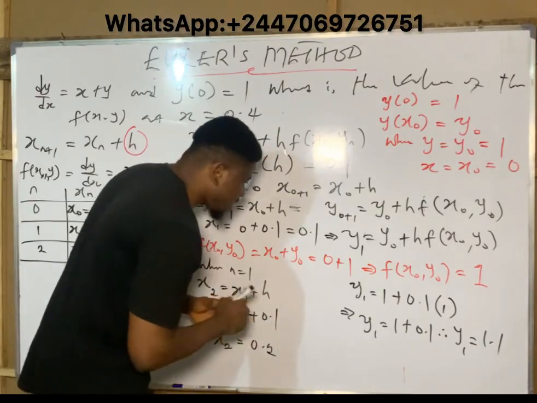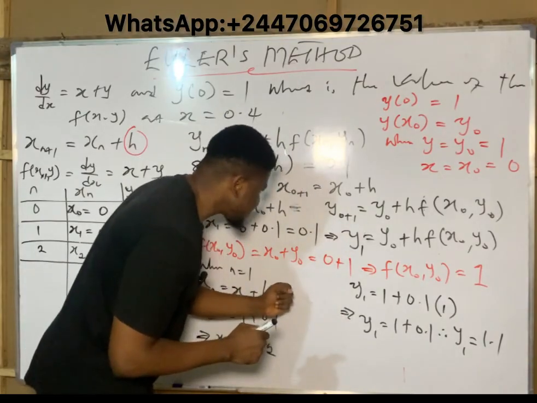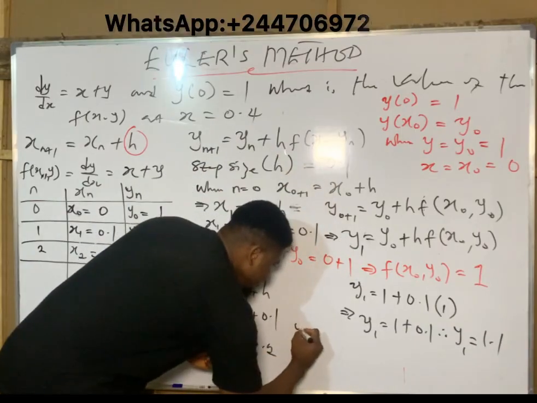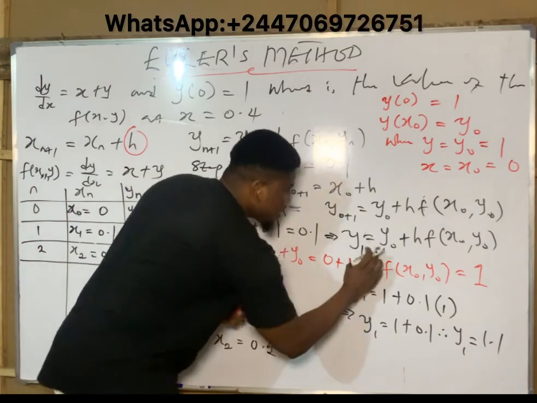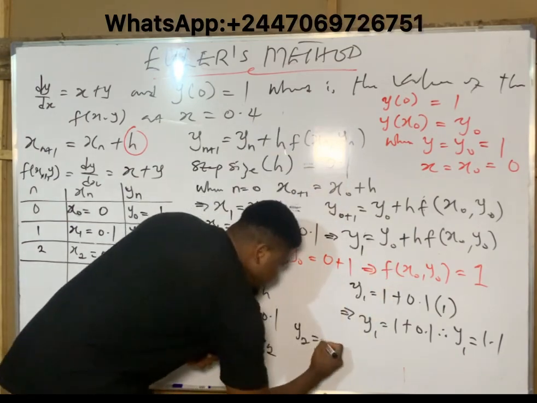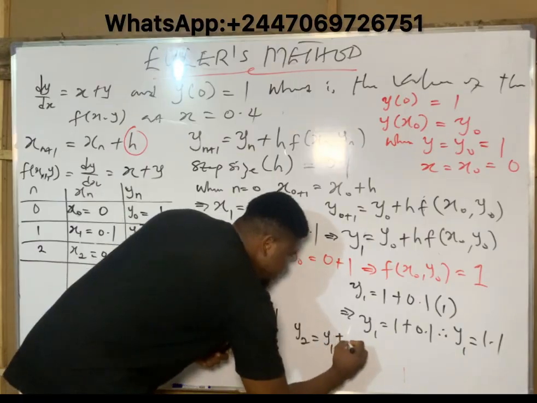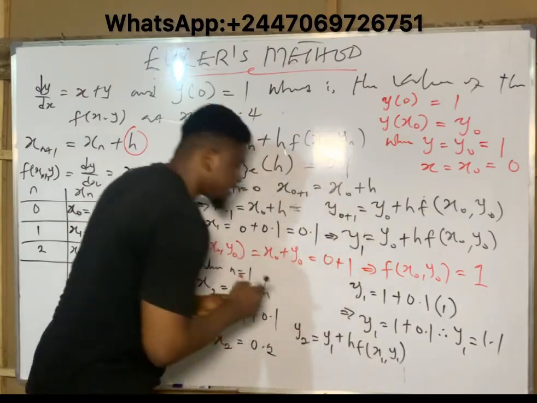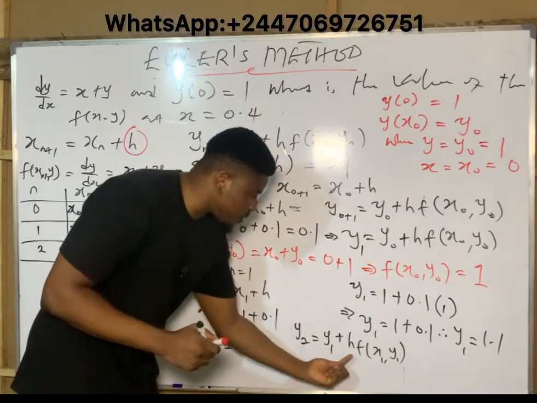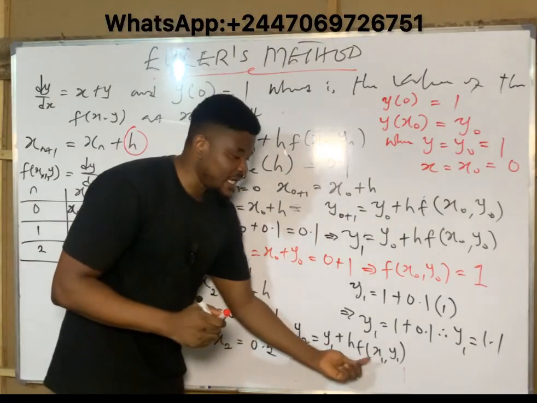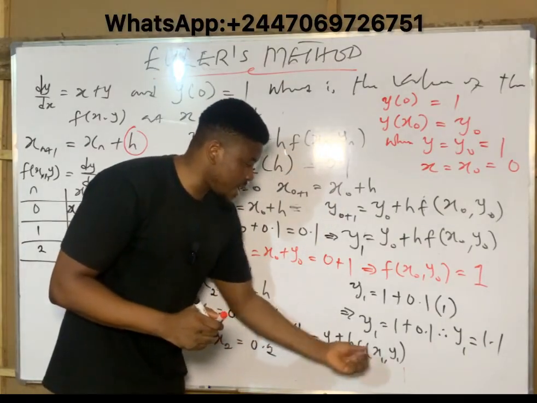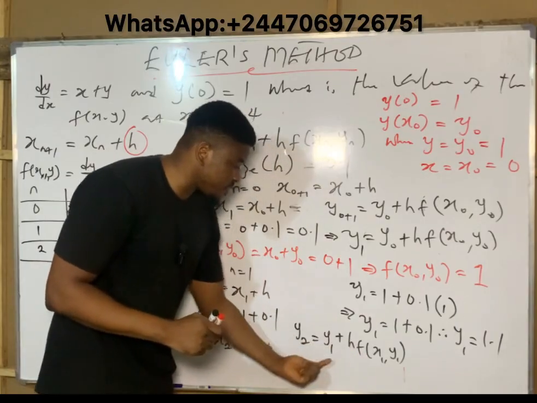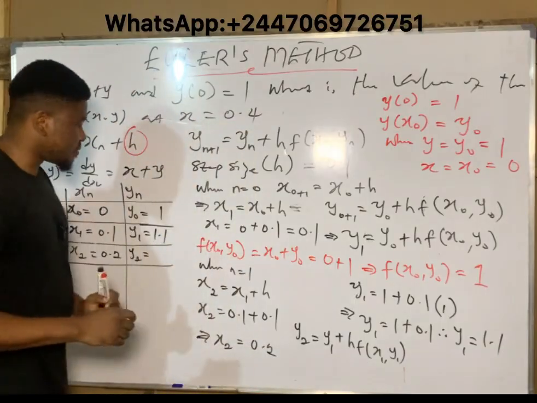Our equation now becomes y2 is equal to the previous value, y1, plus h f of x1, y1. So this means I have to evaluate the function at x1 and at y1, then multiply by the step size, and add up with the previous value of y. It's as simple as this.